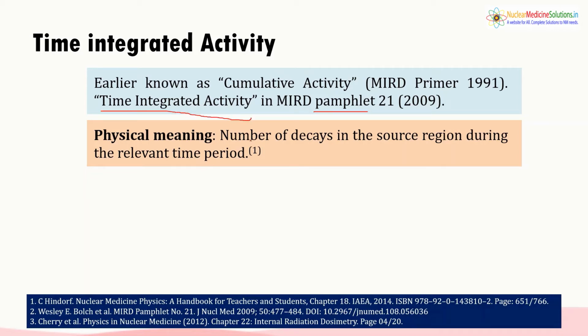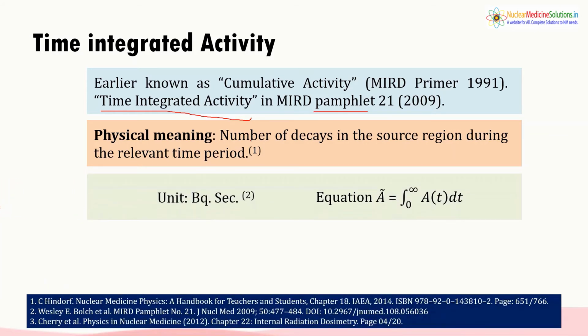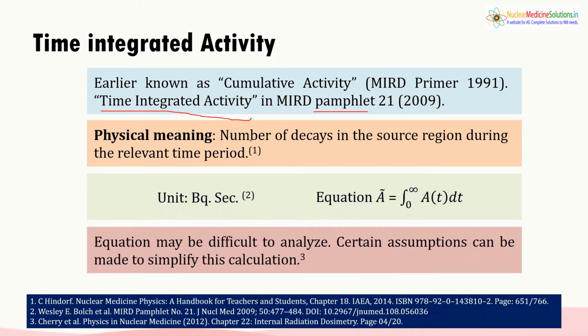The physical meaning of this is the number of decays in the source region during the relevant time period. It has a unit of becquerel second, and the equation is A tilde equal to the integration from 0 to infinity of A(t) dt. This is the most difficult part of dose assessment calculation, but with certain assumptions the calculation can be made easy.